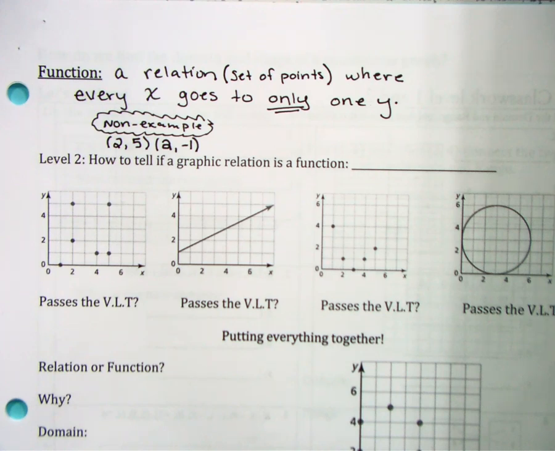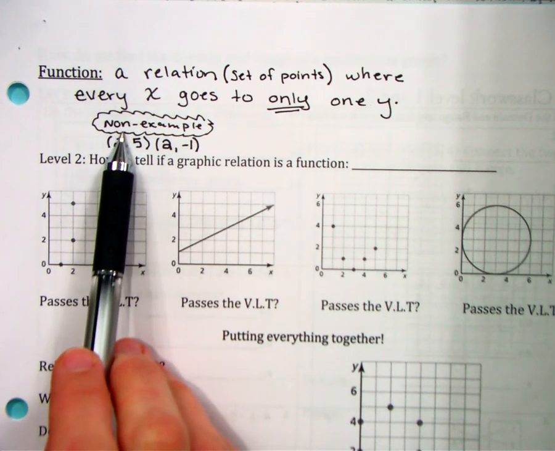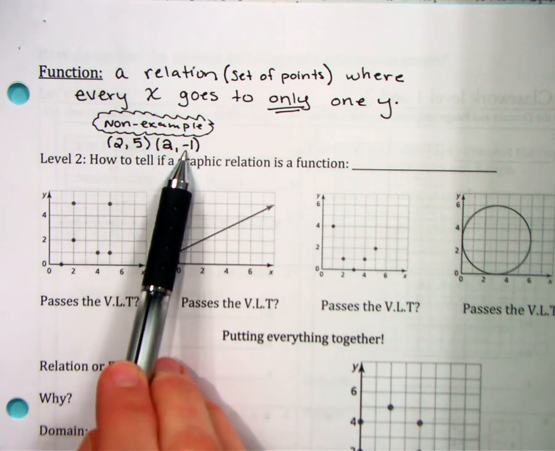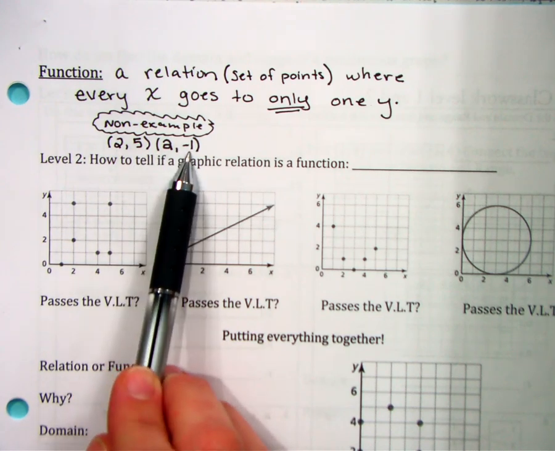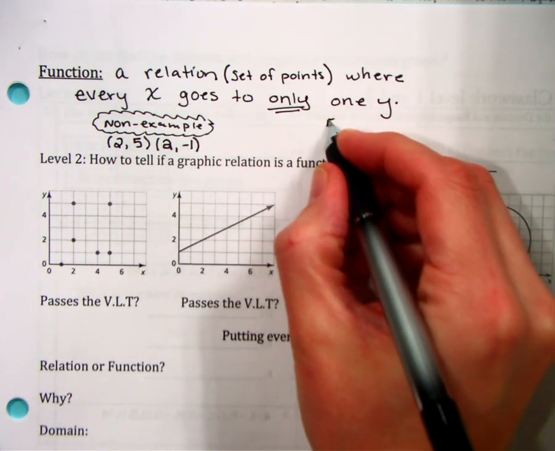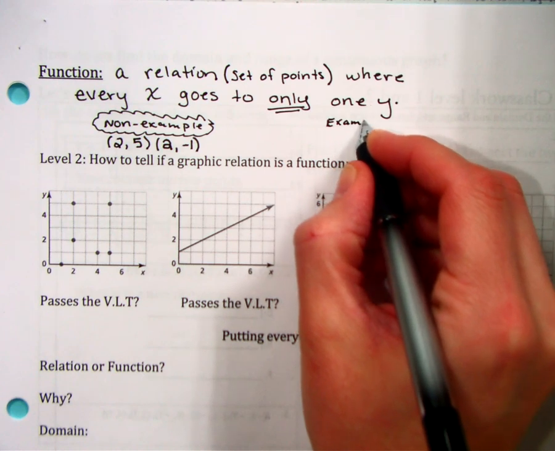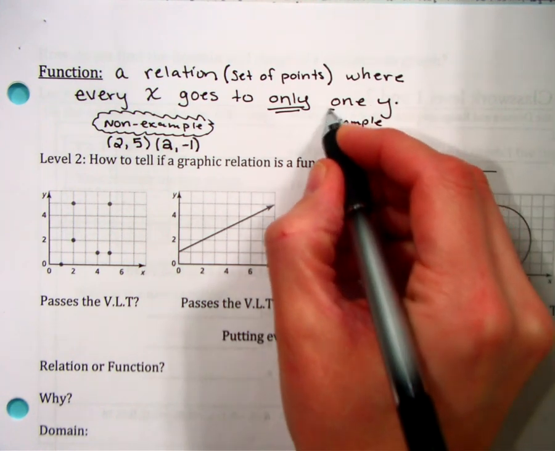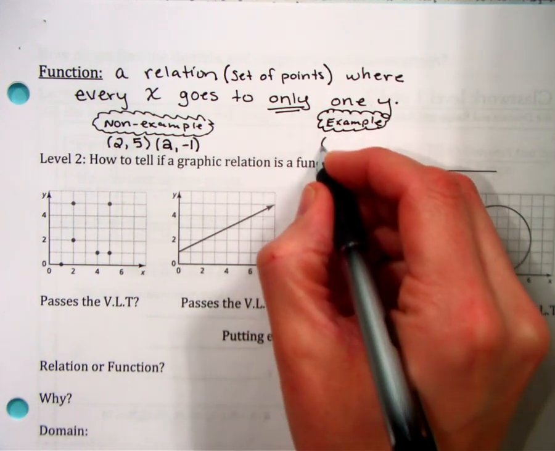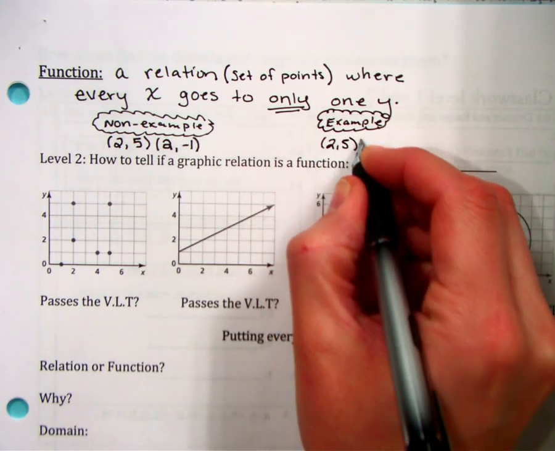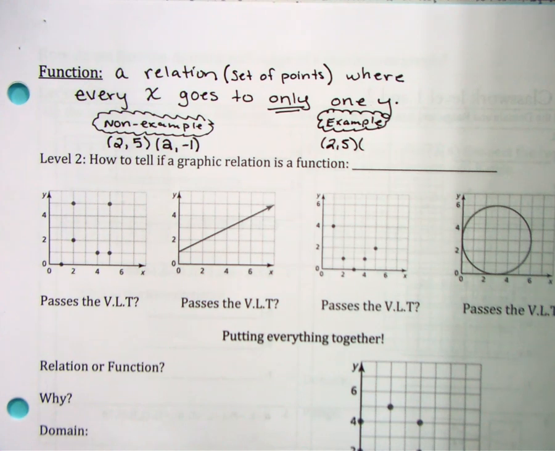It's confused. Okay, so right here, if you have a 2 and a 5 and a 2 and a -1, that's not a function because it's not spitting out just one number. It's trying to spit out 2. So my example would be, if I have (2, 5), then the next point cannot be a 2. Anything else.